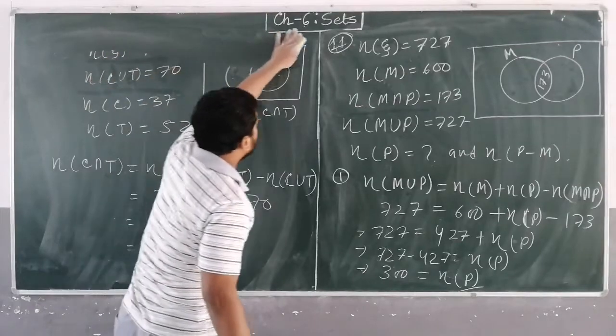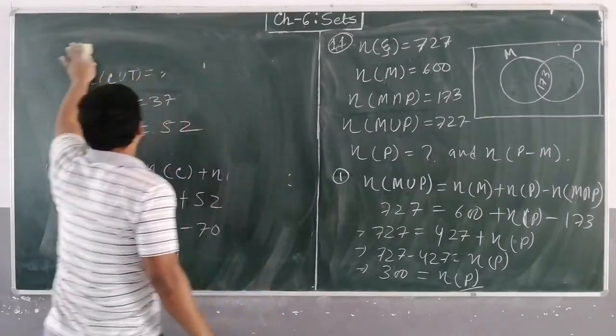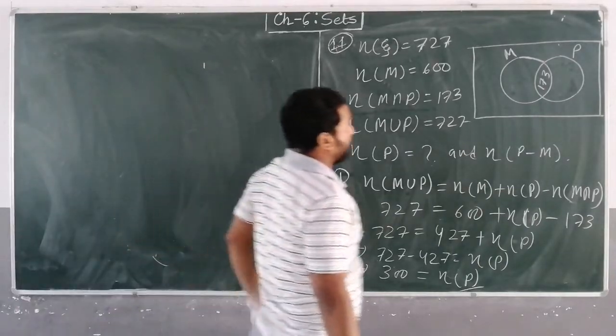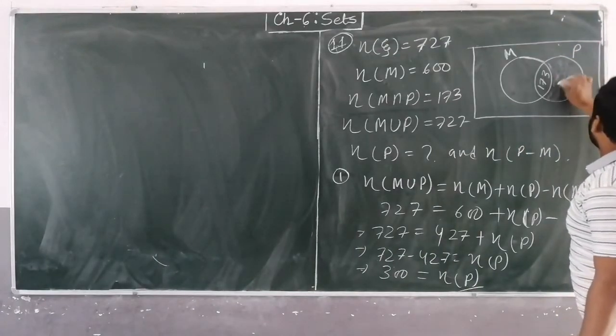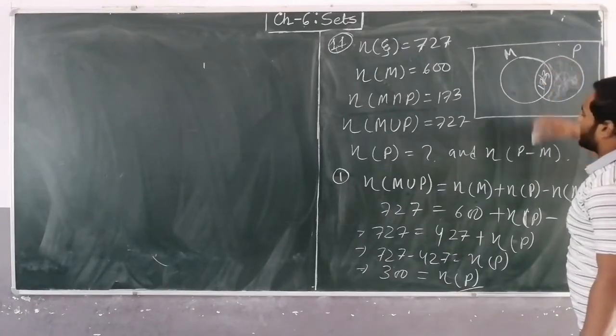Okay. Now the second part: only physics. Only physics means P minus M, this part only. So from the total P, you have to subtract the intersection part.